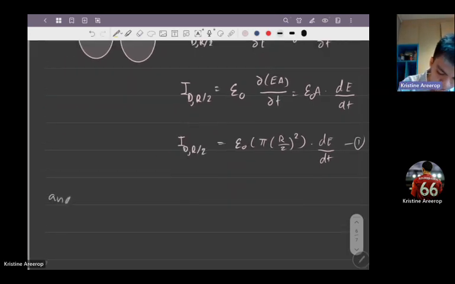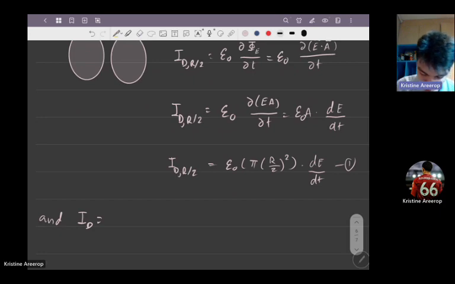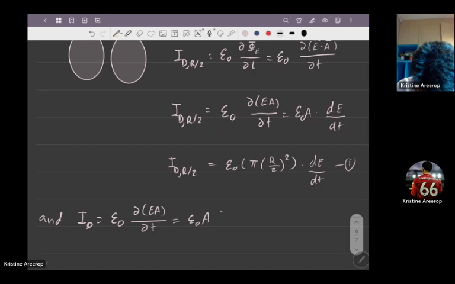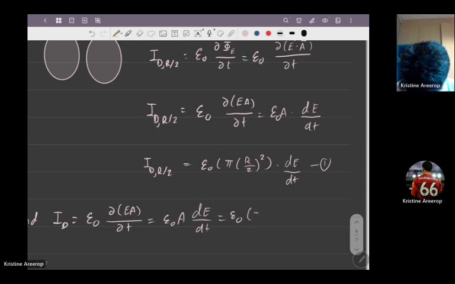And the ID for the whole plate is just the same equation. ID for the half of R is epsilon 0 partial d E A by dt, which is epsilon 0 A dE by dt, equal to epsilon 0 pi R squared dE by dt.